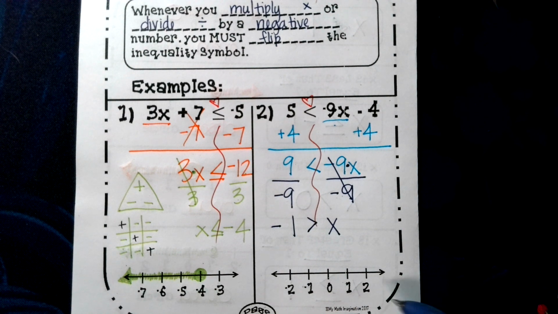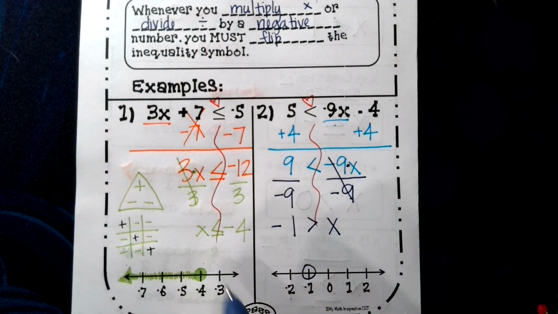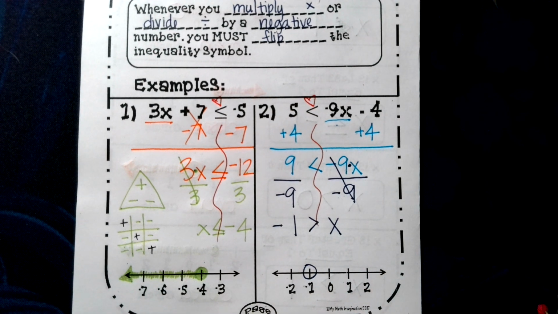So when we're graphing on our number line, are we going to have an open or a closed circle? Open. Remember, it's only closed if there's the line underneath. But on this problem, there is no line there, so it's going to be an open circle. And then are we going to shade to the left or to the right? -1 is greater than x.